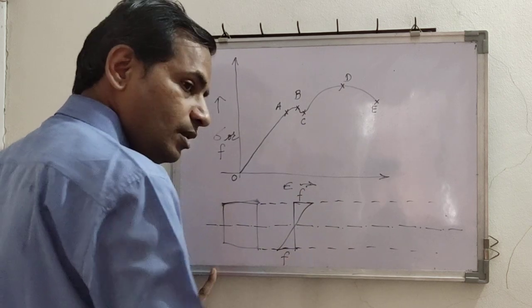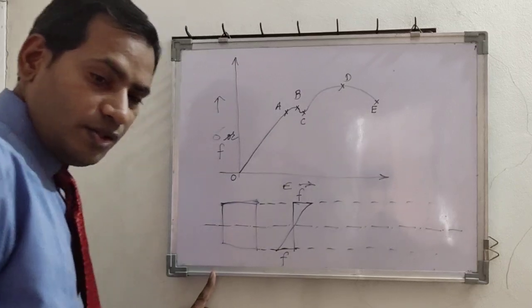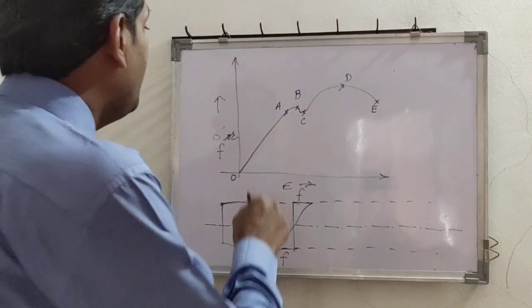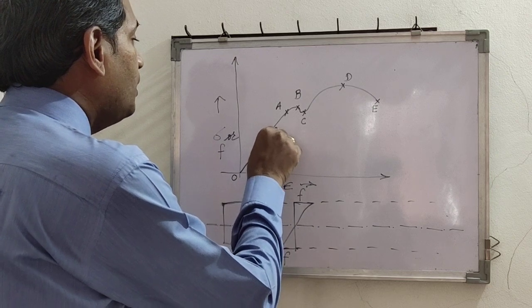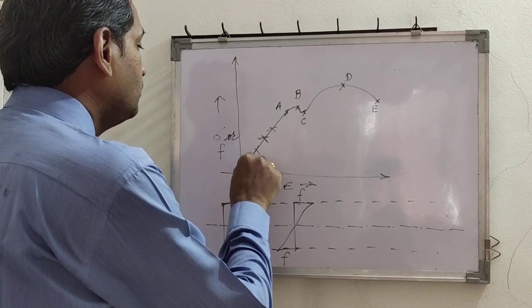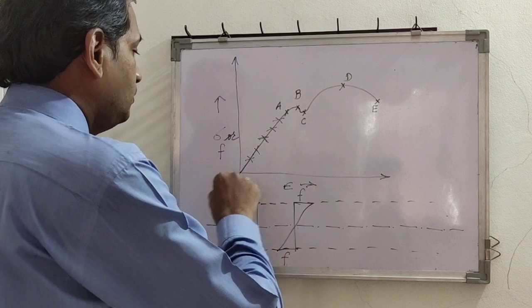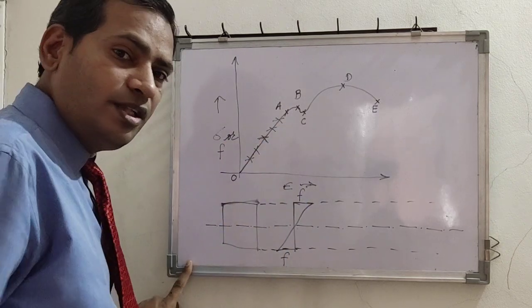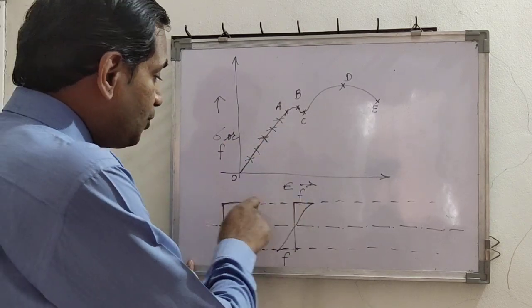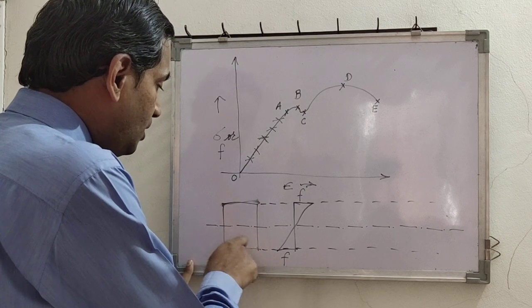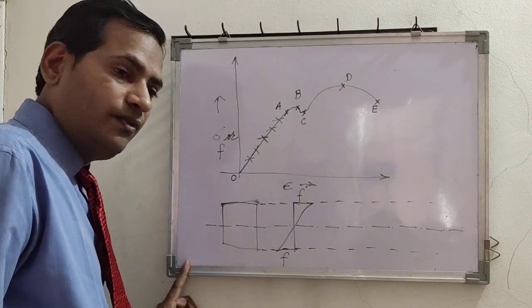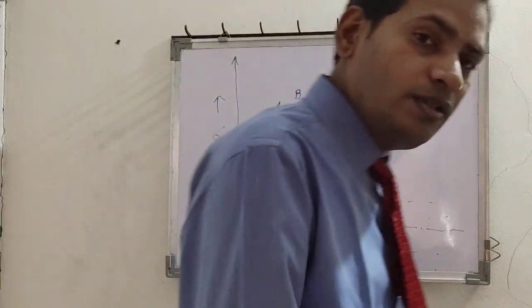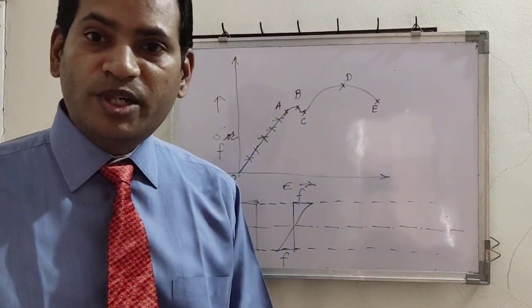If you assume the stress at any point from O to A, any random point, so at this state the extreme fiber in the section will be subjected to a stress F, which is evaluated as force per unit area.